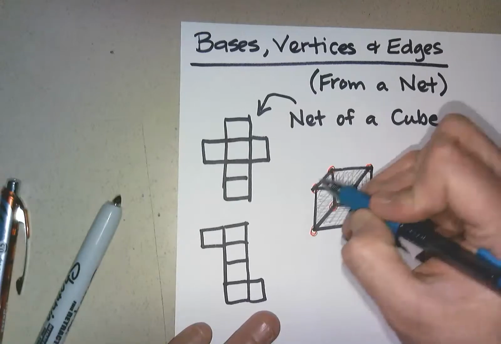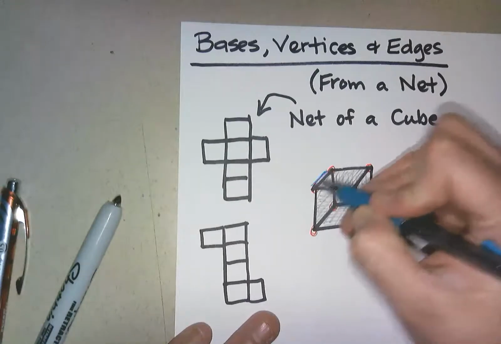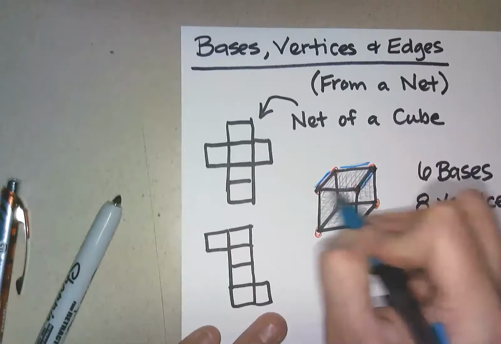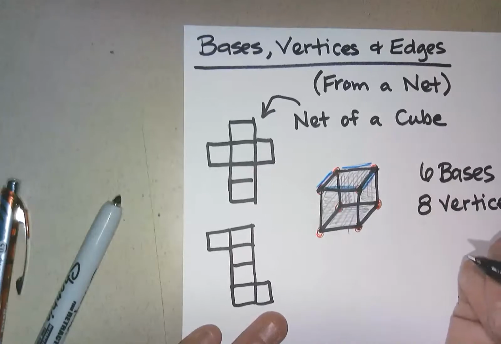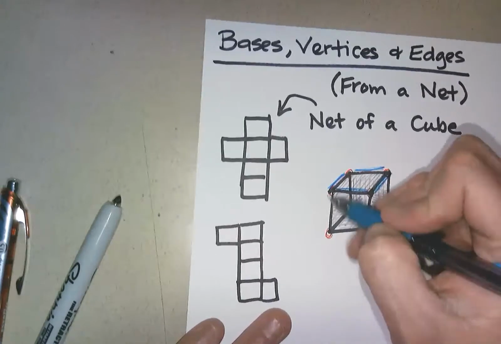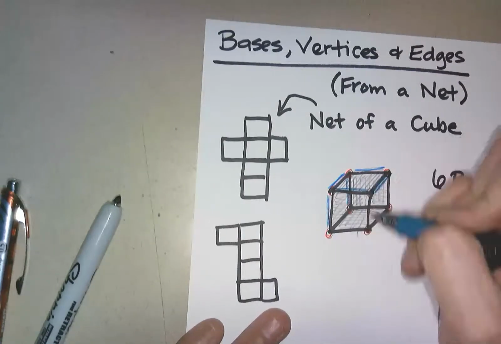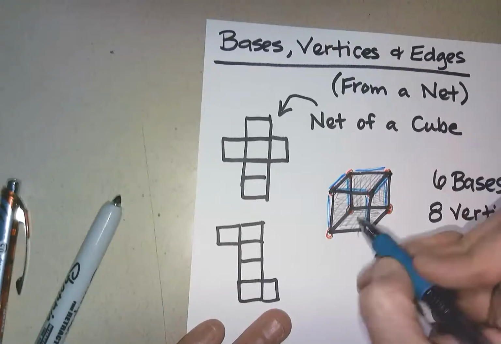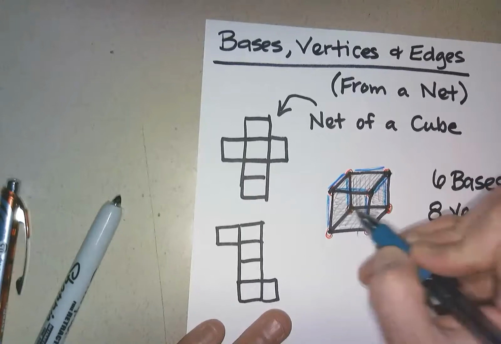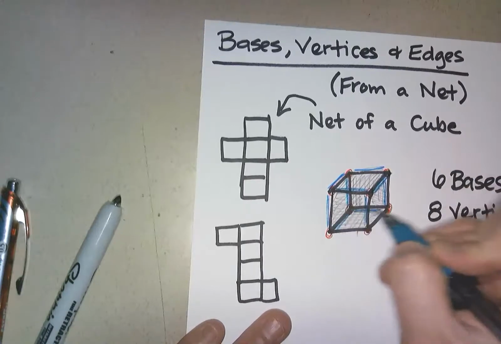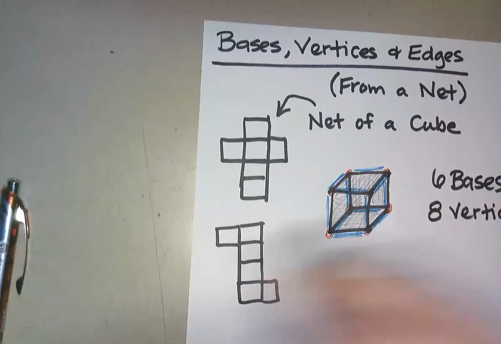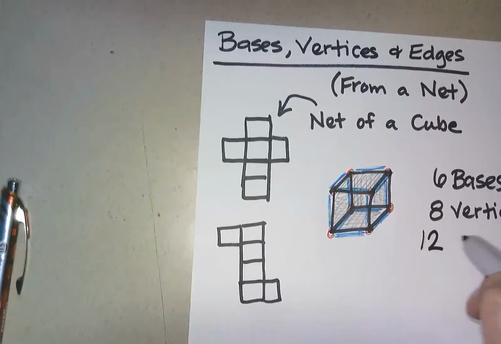Okay, so our edges are our sides. So that's 1, 2, 3, 4. Going down, 5, 6, 7, 8. And so the bottom part, 9, 10, 11, 12. And so we have 12 edges.